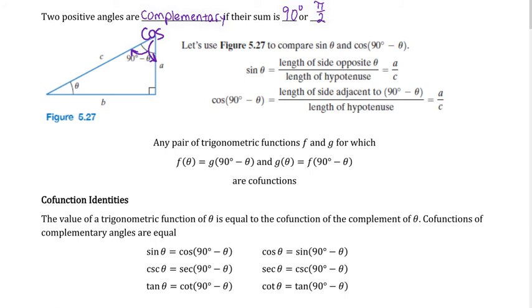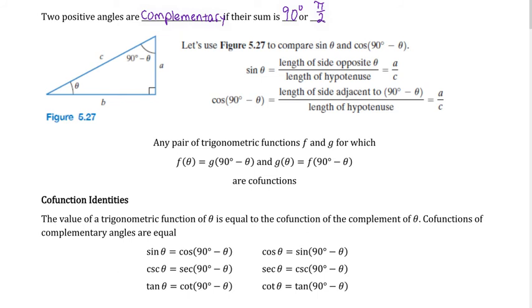The adjacent side for 90 minus theta is A. So what we had for the sine of theta, A over C, the opposite over the hypotenuse, is equal to the cosine of the other angle, 90 degrees minus theta, which is now the adjacent A over the hypotenuse C.